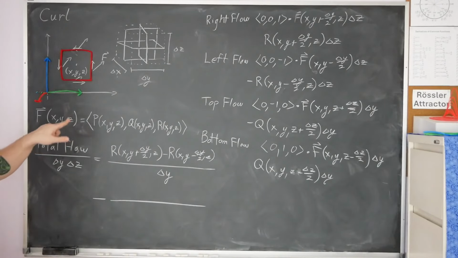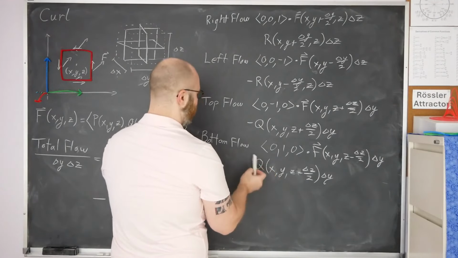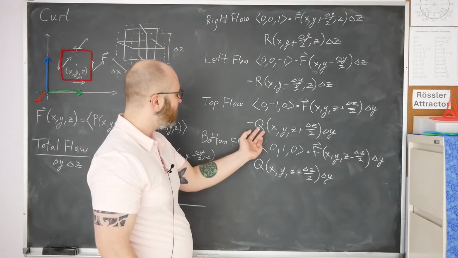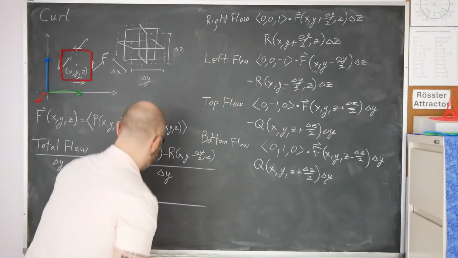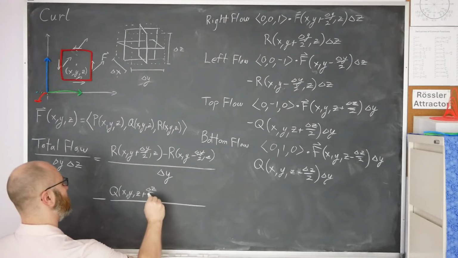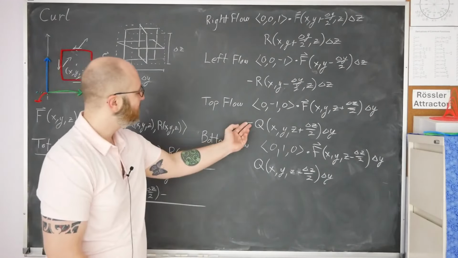All right. So I still have the top and the bottom flow to add together. If I take a negative out first to make it a little nicer looking, I'll have my negative negative, so positive Q of x, comma y, comma z plus delta z over 2, then minus, because I took a minus out, so this minus cancels, this becomes minus, so minus Q of x, comma y, comma z minus delta z over 2.